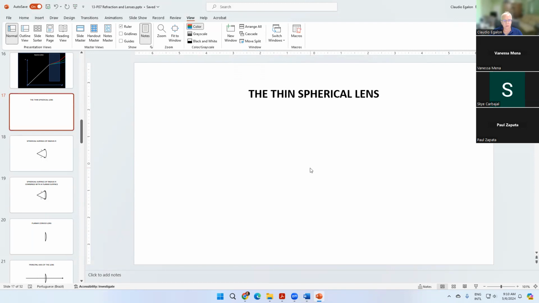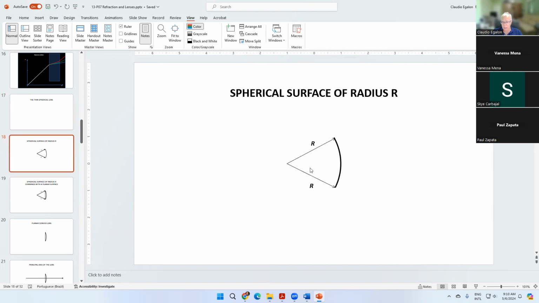So how do we manufacture a thin spherical lens? Also, how do we illustrate a thin spherical lens? We create a surface, a spherical surface of radius r, for instance. Suppose that we have a piece of glass, and we can create this curvature in the piece of glass.